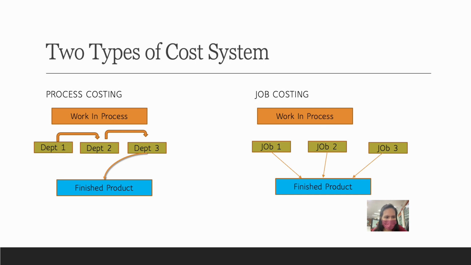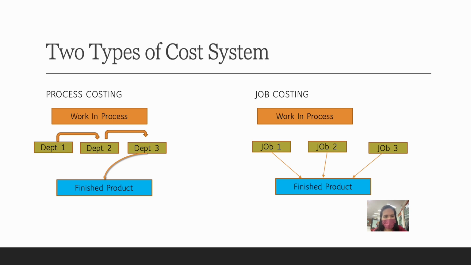The difference of these two types of cost systems is more on the work in process. For process costing, we transfer the inventory from the first department to the second department and then to the next department until we have the finished product. But for job costing, just enumerate all the costs, the DM, the DL, the factory overhead, and you can already identify your finished product.